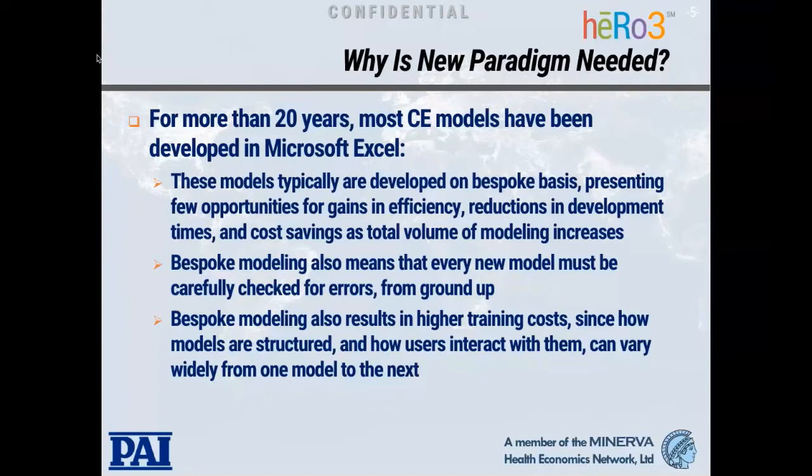And then finally, this existing paradigm results in some pretty steep training costs because every model is really its own piece of software that works rather differently from other models. And it gets worse when you look at a product that's put together by one modeler versus another modeler, or from one shop versus another shop. There's not a whole lot of consistency. And so anytime you're working with a new model, it's an entirely new piece of software that you need to become comfortable with.